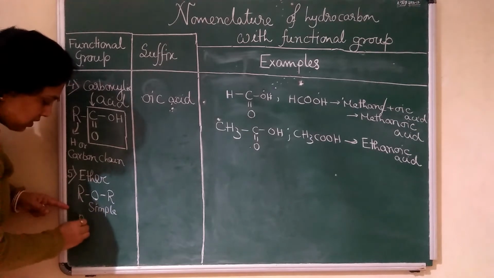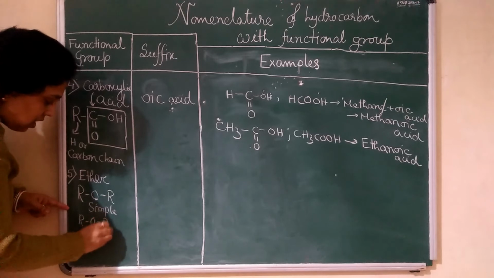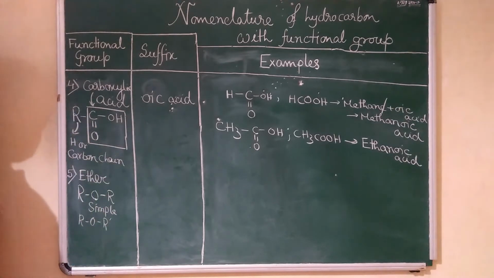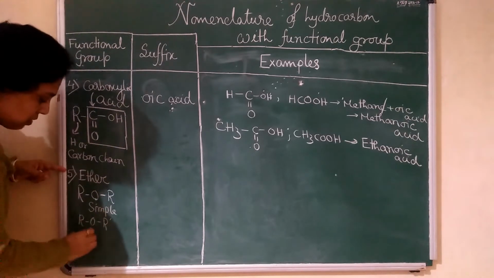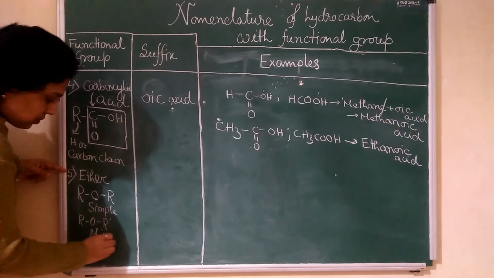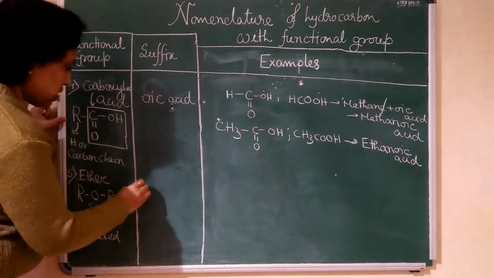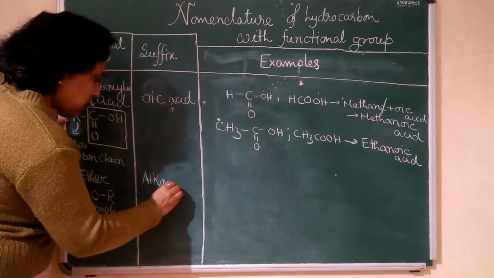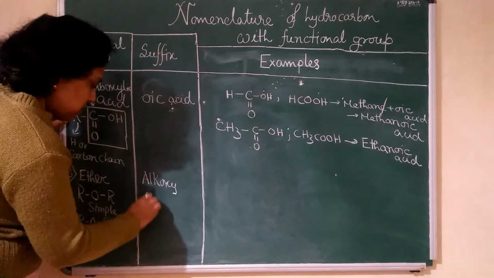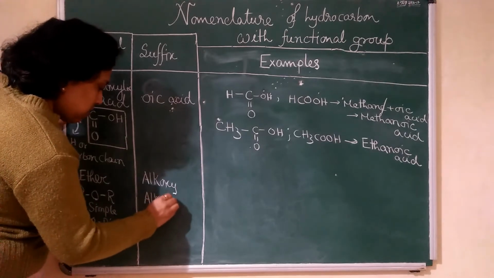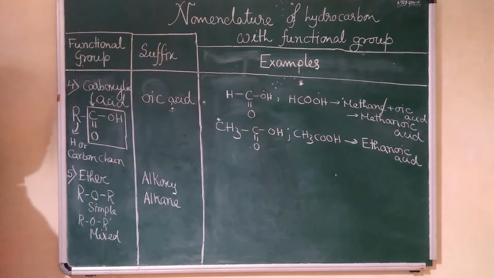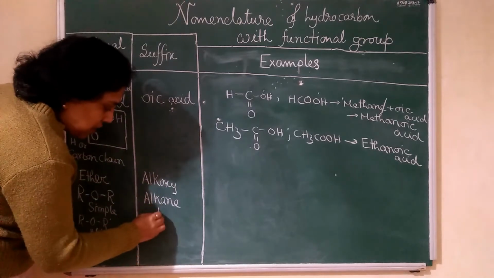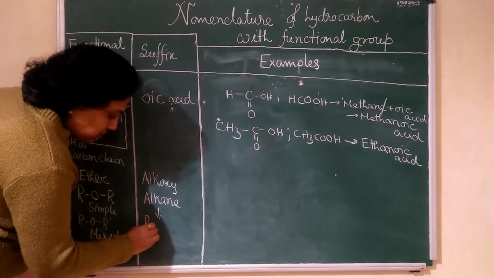If the R groups are different, R and R dash, then it is called a mixed ether. For this, the suffix we use is alkoxyalkane. Now here write one rule for the IUPAC name.